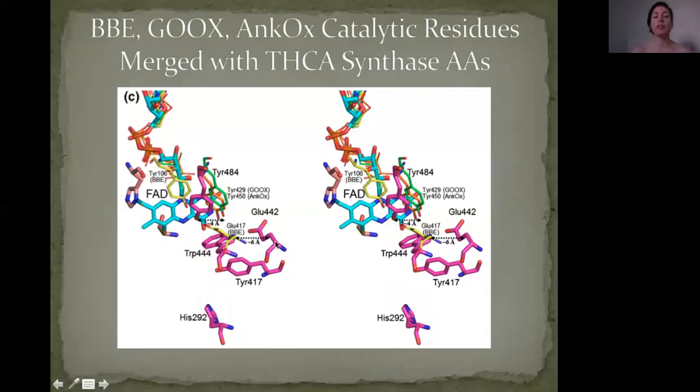Now you see this same stick figure diagram with the amino acids of the BBE, GOX, and OncoX enzymes overlaid. And you see what amino acid residues those ones particularly contained that made the researchers think that the comparable amino acids in THCA synthase might be responsible for this hydride transfer and deprotonation, which is hence why they chose to investigate these particular amino acids in the first place.